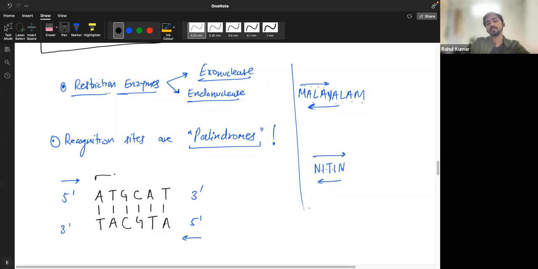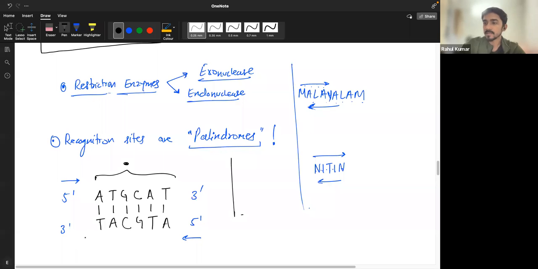Yes, this could be a recognition site for any endonuclease. Maybe this could be a real recognition site. We just made it in the class. But you understand where they go and bind? Their recognition sites are here, and then they cut somewhere inside this.